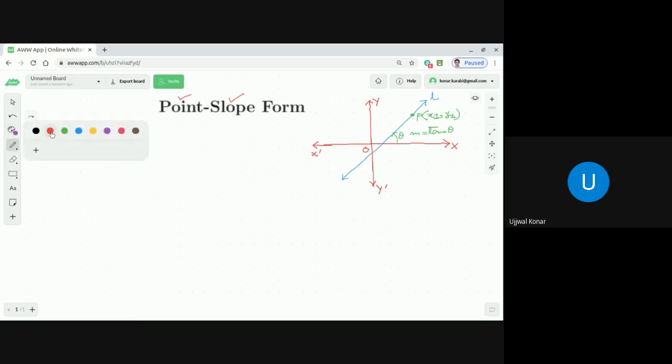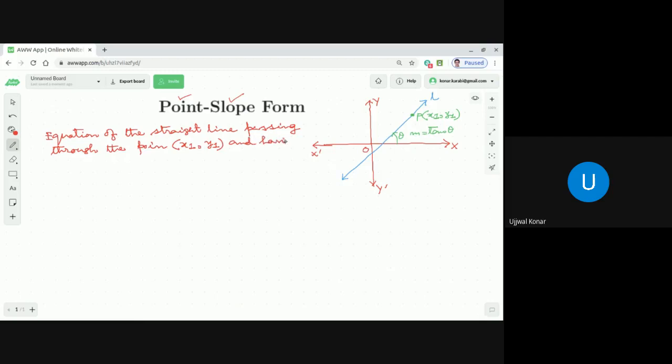The equation of the straight line passing through the point (x1, y1) and having slope m is y minus y1 is equal to m into x minus x1.